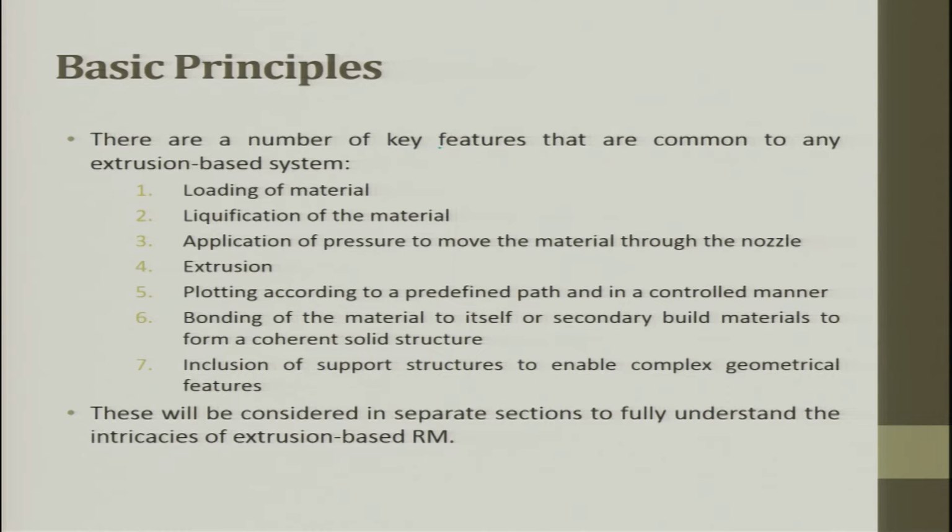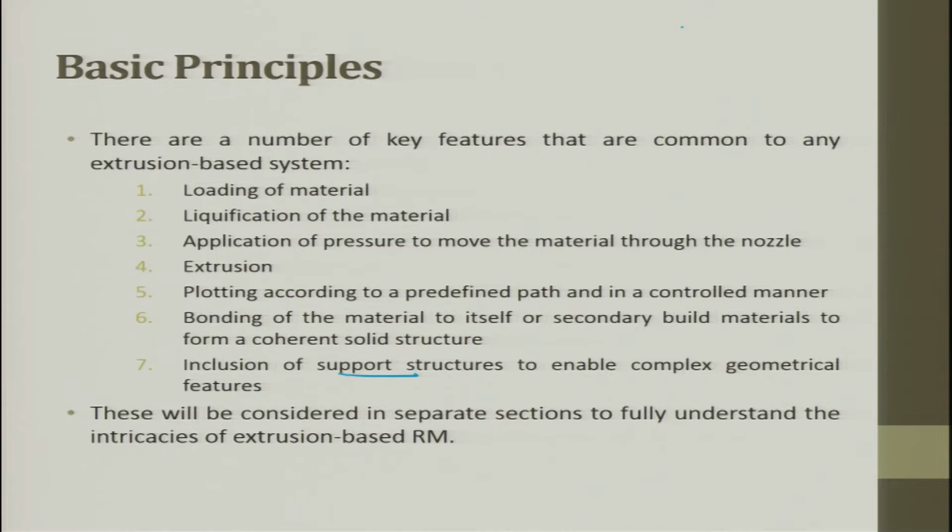So there are a number of key features that are common to any extrusion based process: loading of material, liquefaction of material, application of pressure, extrusion, plotting according to the predefined path in a controlled manner, bonding of material to itself or a secondary built material to form a coherent solid structure, inclusion of supporting structure to enable complex geometry features.